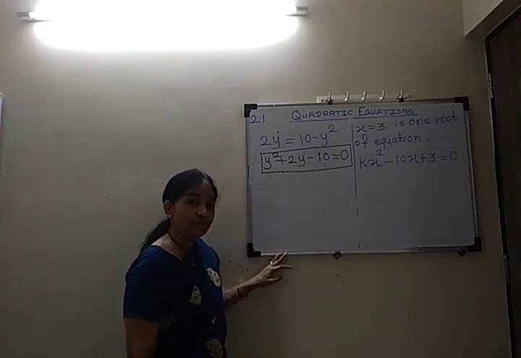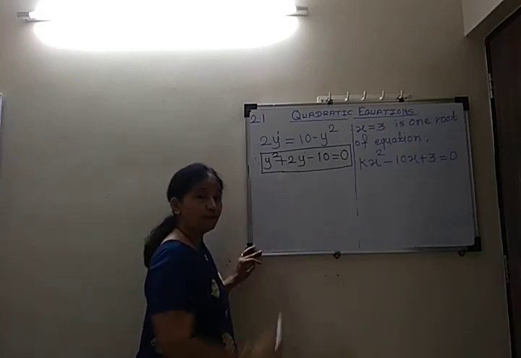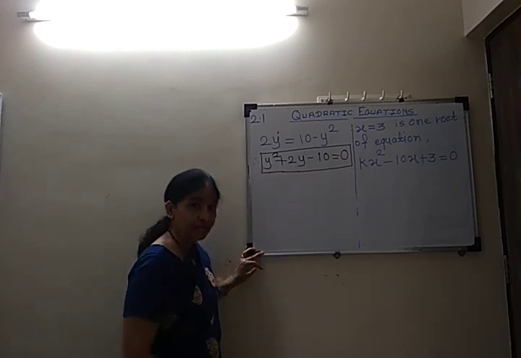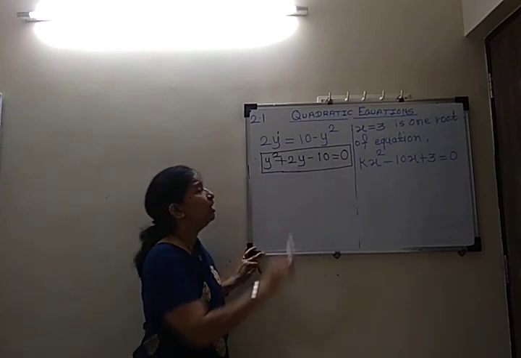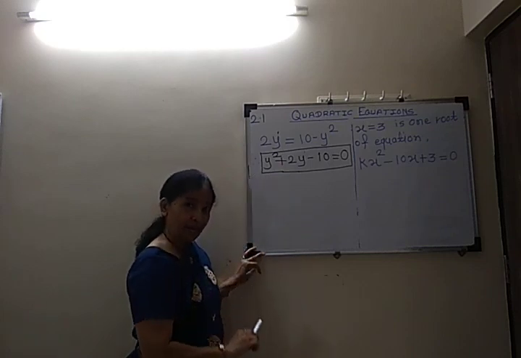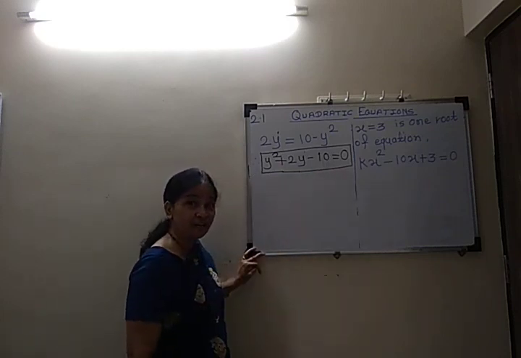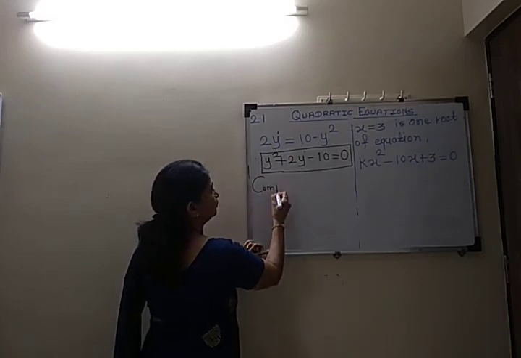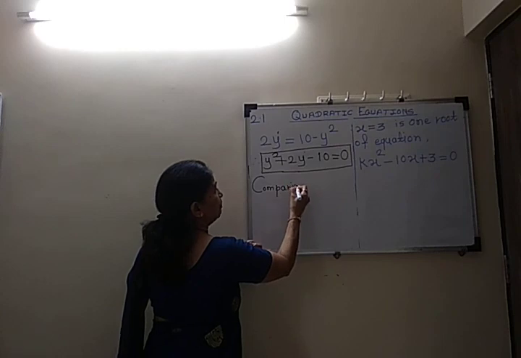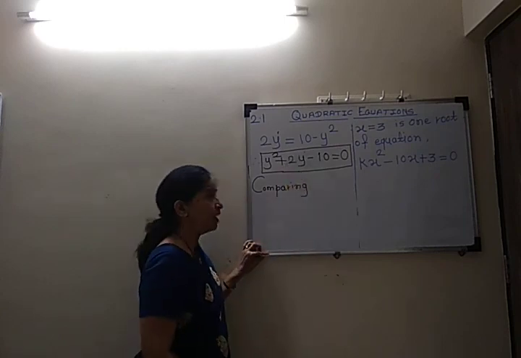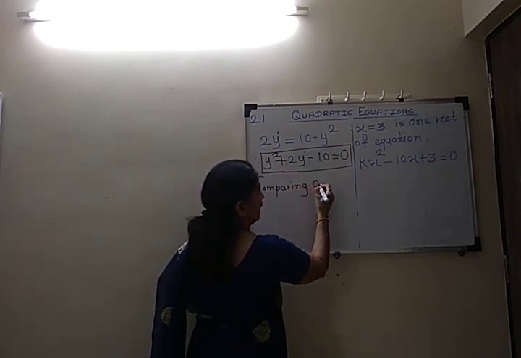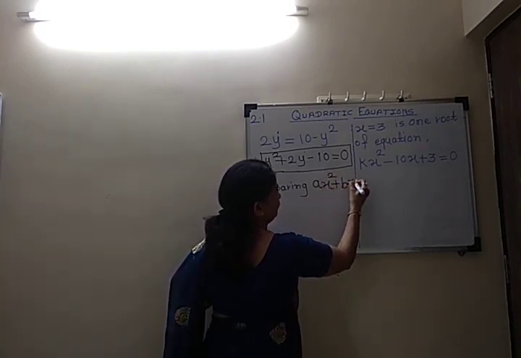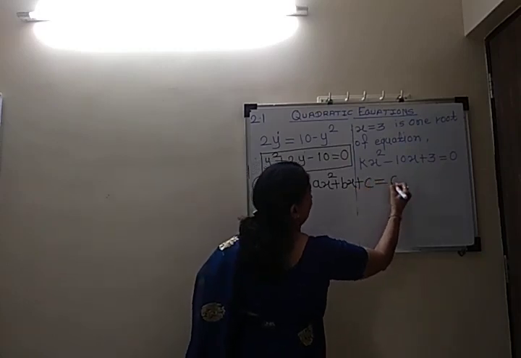And c is the constant. So now we have to find out the value of a, b and c. So we will write here: comparing this quadratic equation with ax square plus bx plus c is equal to 0.